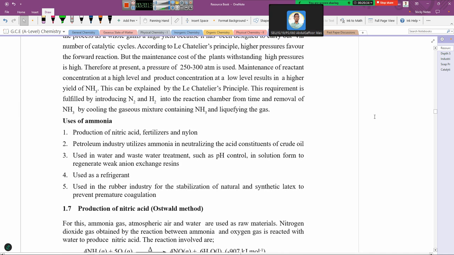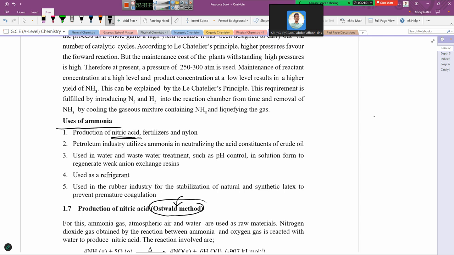Right. Now the next thing is, why do we need to use ammonia? The usage or advantages of ammonia. For the production of nitric acid, that is what we are going to study under the Ostwald process. During the Ostwald process, ammonia is used as a raw material. Ammonia doesn't exist naturally, so we have to produce it industrially.